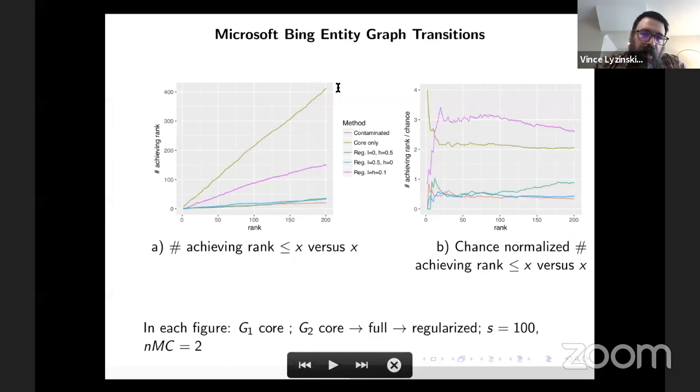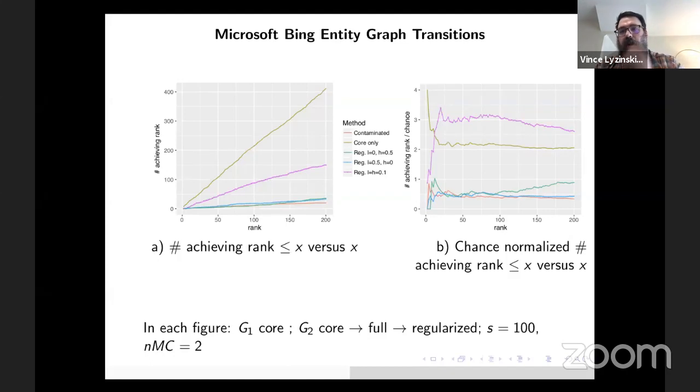Again, that gold line shows how well we're doing in the core-only case. Larger is better. The red line shows how well we're doing in the contaminated case. The blue and the green are regularizations that are overly draconian. They're regularizing way too much of the network. And the pink here is the regularization that was suggested via the modularity Larson's rule.